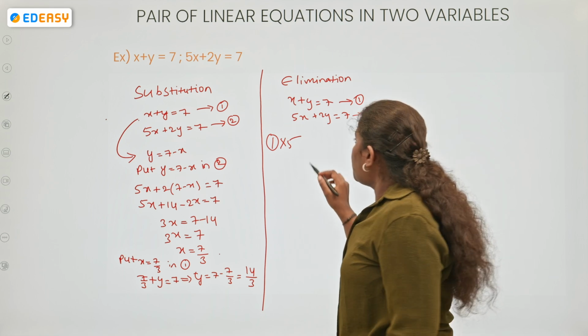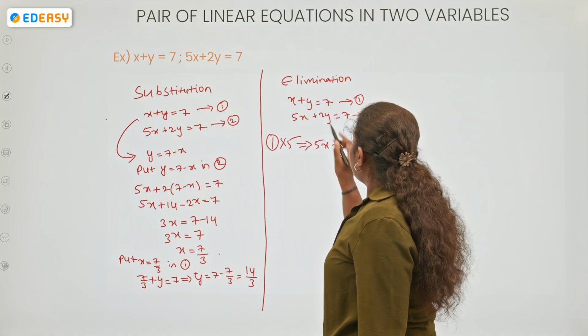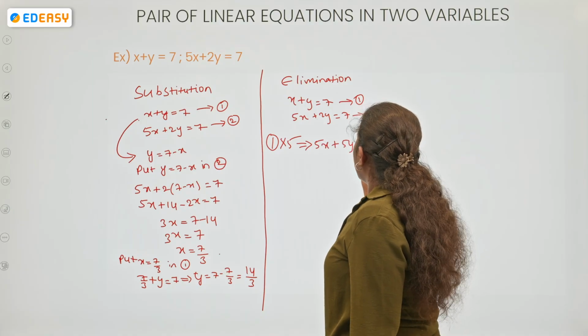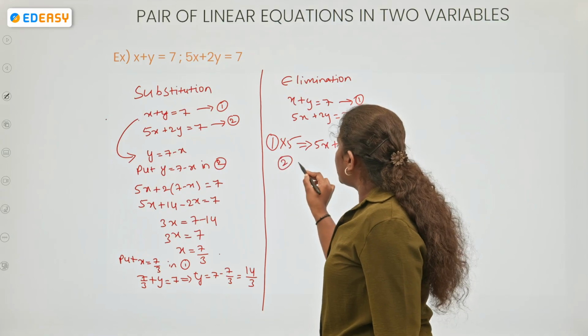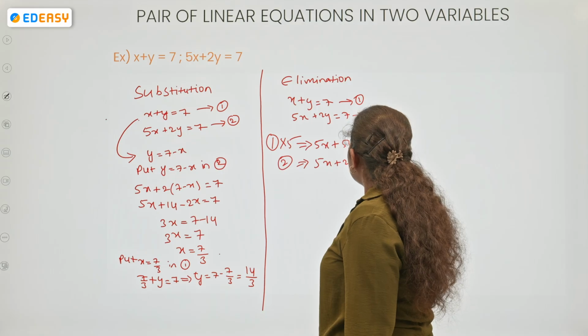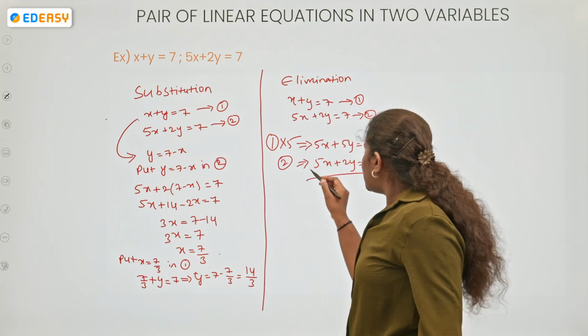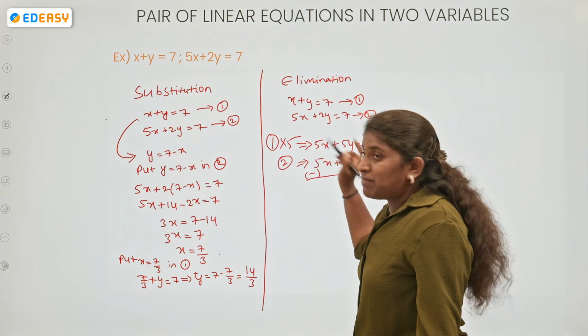Okay. Now 1 multiplied with 5, 5 into x, 5x, 5 into y, 5y, and 7 5s are 35. And next, you can take your second equation as this. So 5x plus 2y equals to 7. Okay, now let's do the subtraction because here I am having plus 5x and plus 5x.